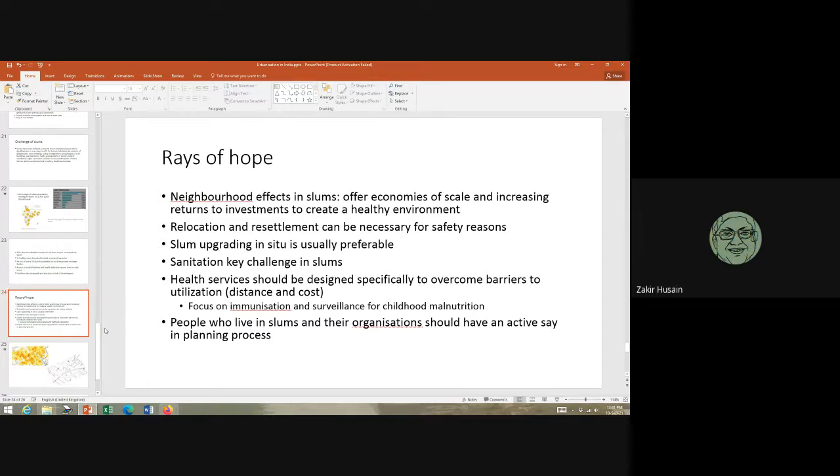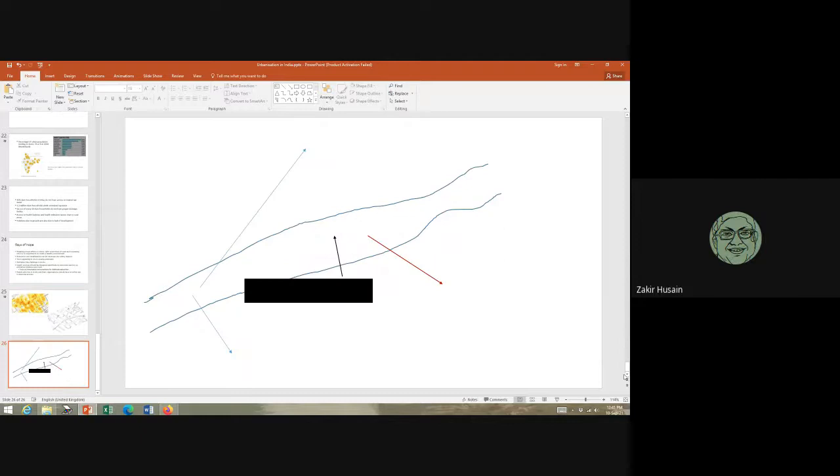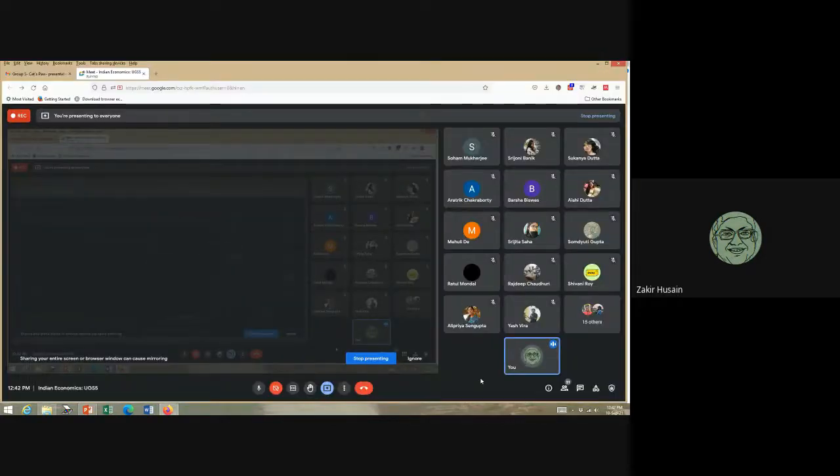Okay, so I have finished the second topic, urbanization. In fact, there are two references for this topic. One is a paper by Bhagat, which is published in EPW.